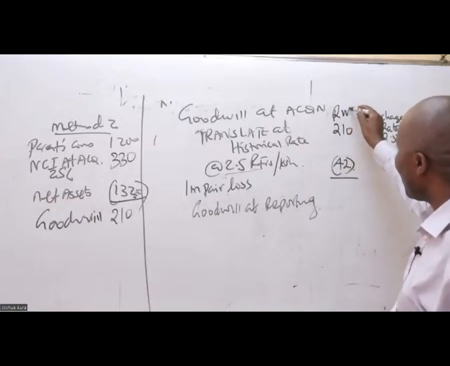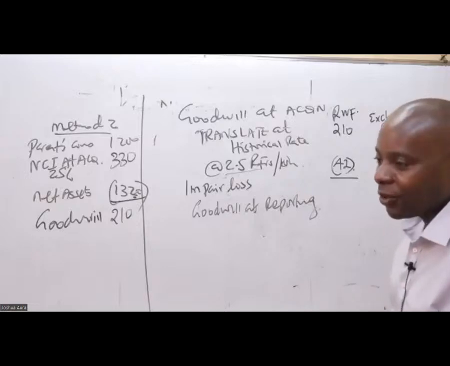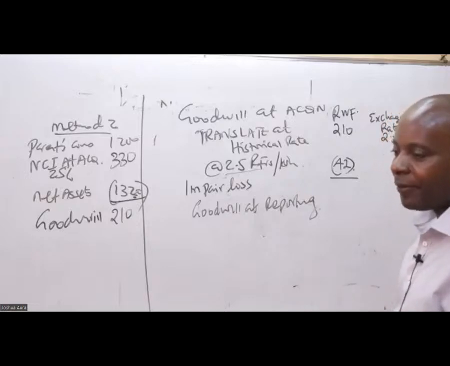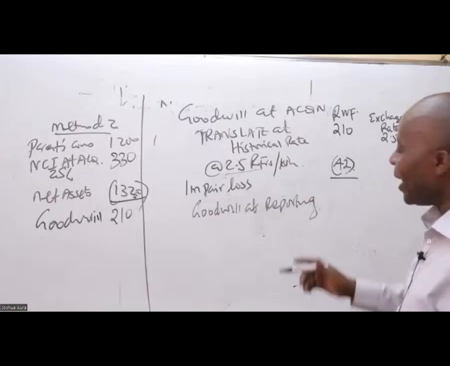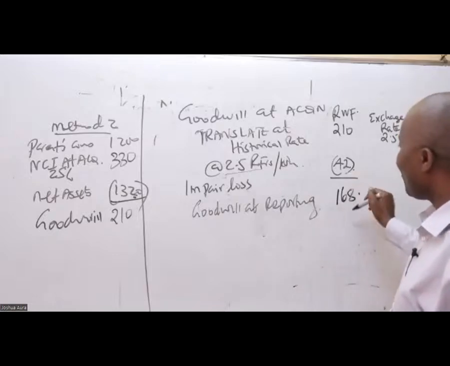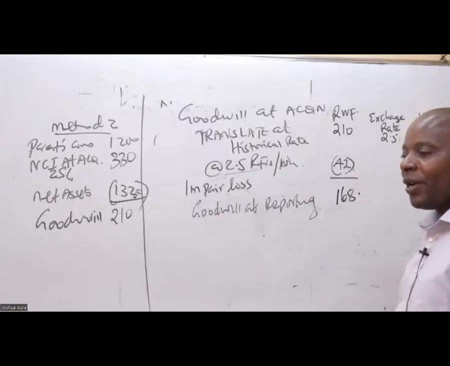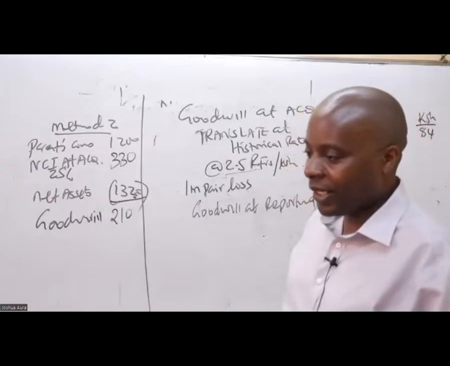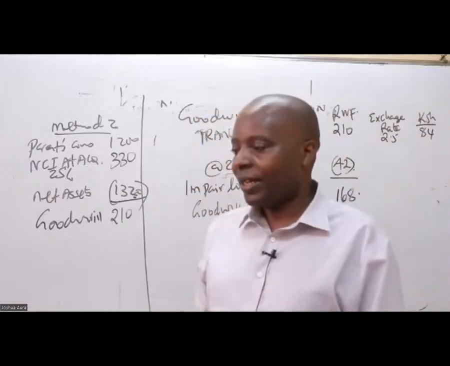These are Rwandese francs. So 210 minus 42 comes to 168.